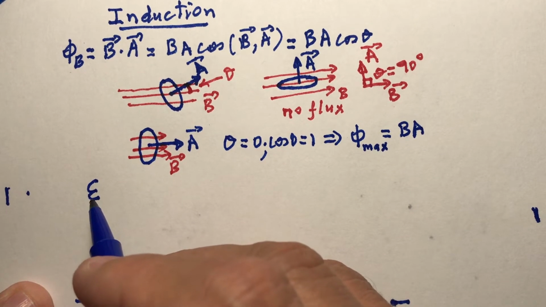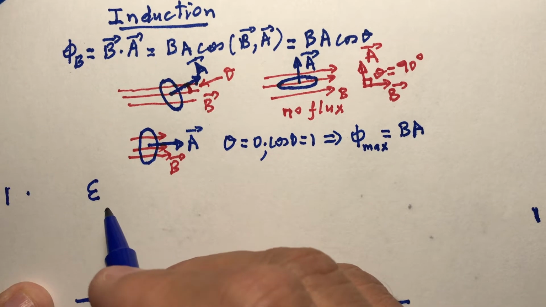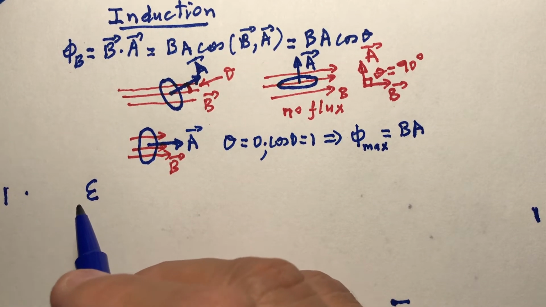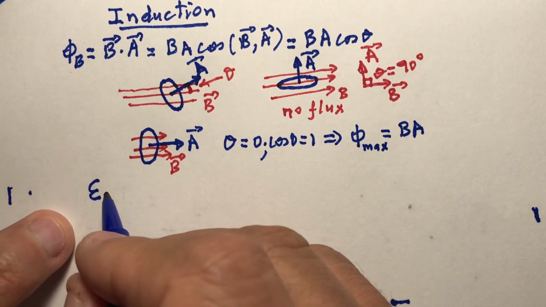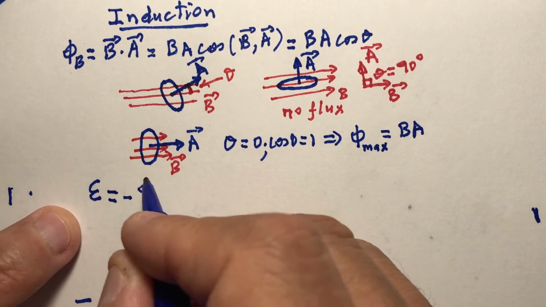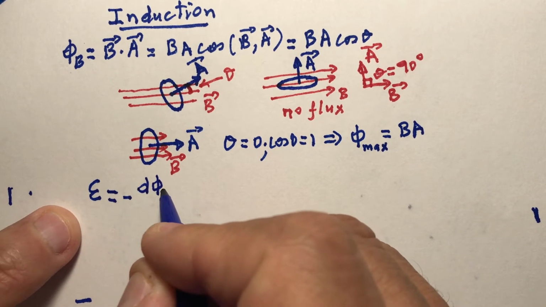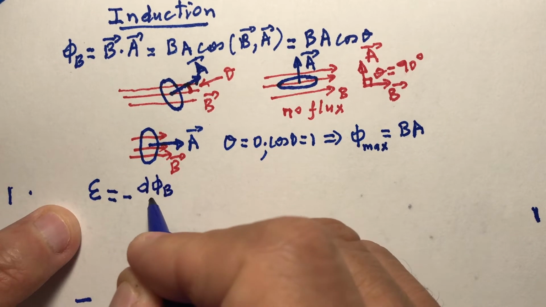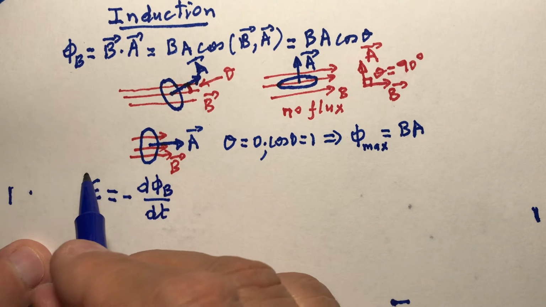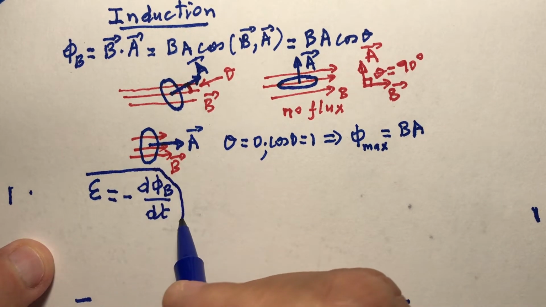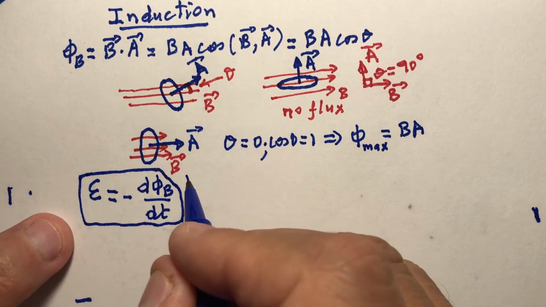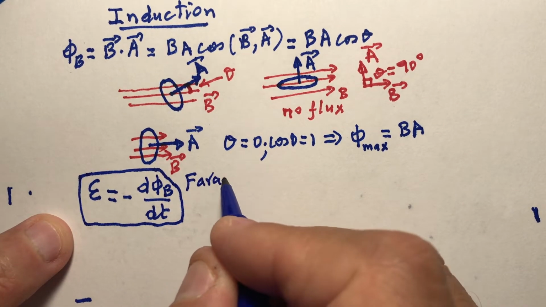That name force just got stuck to it, but actually it's not a force, it's a voltage. This electromotive force, or this voltage, is equal to minus d phi, the change of the flux, over dt. So this is called Faraday's law.